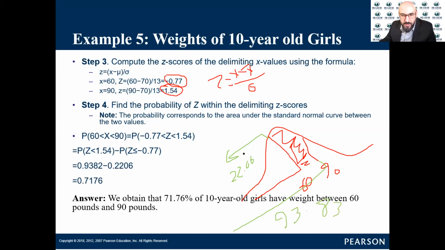So now what we need to do is find the area between these two. We subtract 93.82 minus 22.06, and that will give you 71.76, which means 71.76 percent of the girls have weight between 60 and 90 pounds.